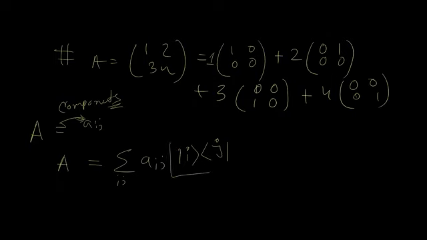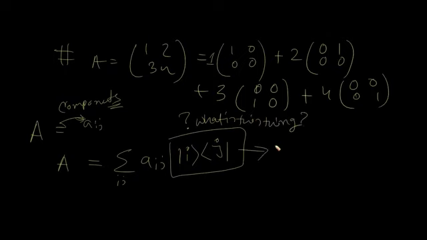Now you might ask, what is this thing? In fact, it has a name, and it is called an outer product. And to see why this is called an outer product, we first have to discuss vector spaces, and then we can define these outer products.